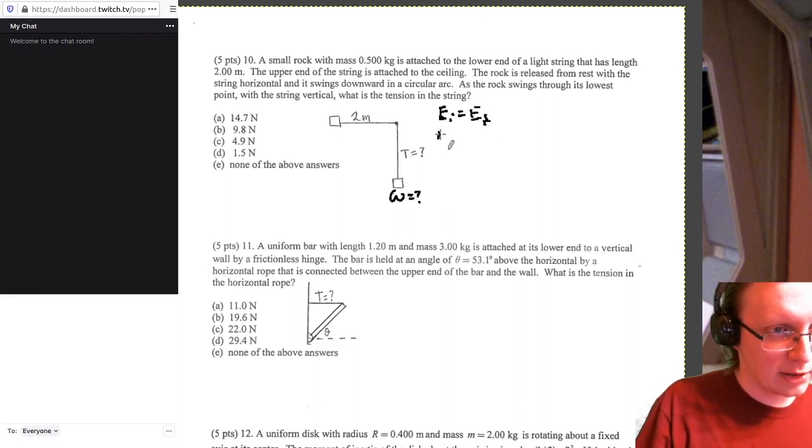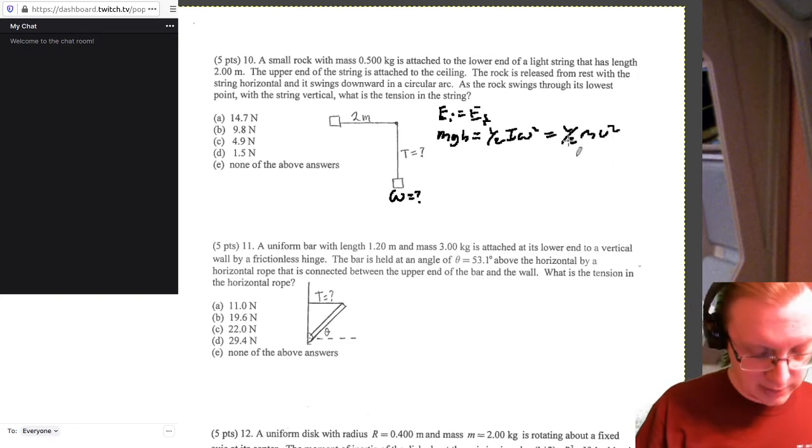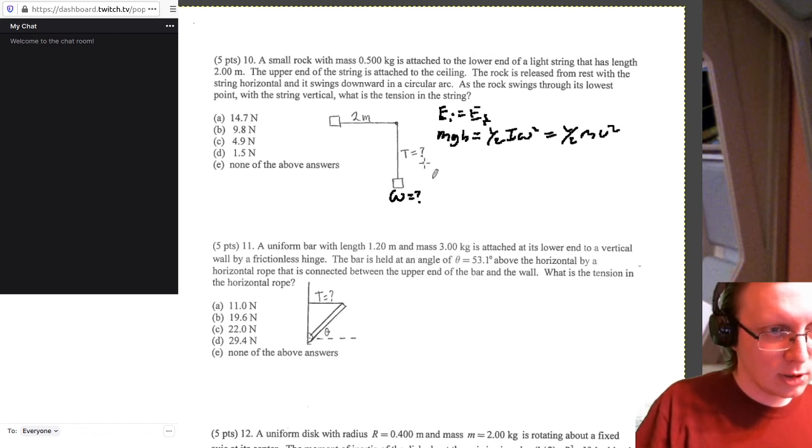So we have that the energy we started with, mgh, is equal to 1/2 I omega squared. You could do this as 1/2 mv squared, but we'll get to the same place. So then we have that this is 1/2 m r squared omega squared. And this is equal to mgh.